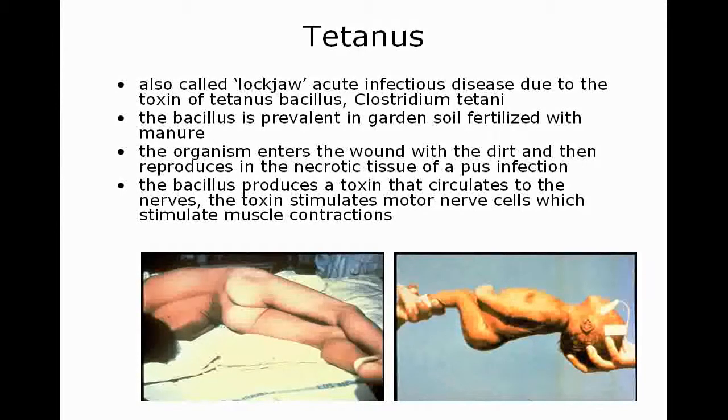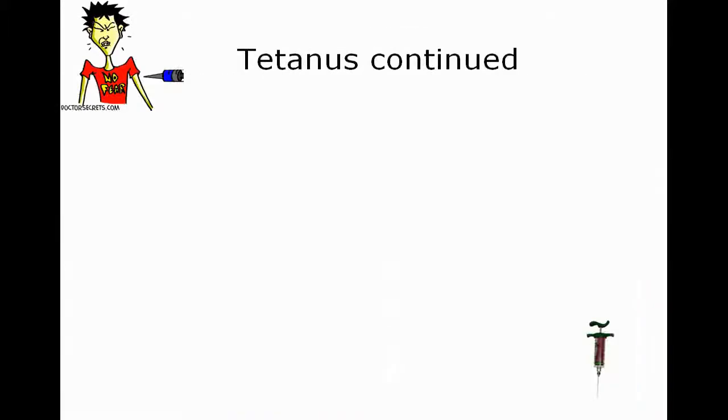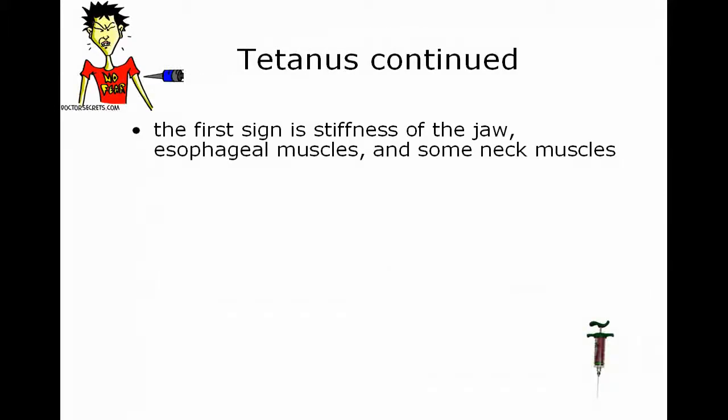Again, the prevention is so important. It's prevalent also in garden soil that's fertilized with horse manure, for instance. It's important to clean a wound with at least hydrogen peroxide and have vaccination boosters as often as recommended.